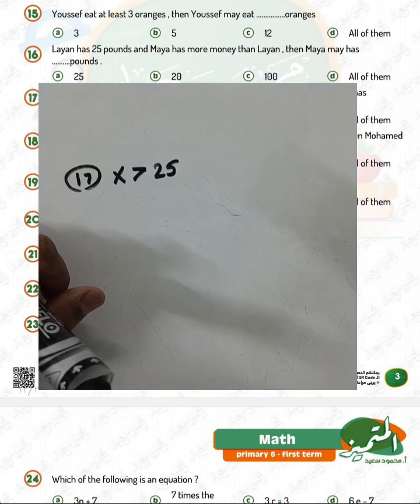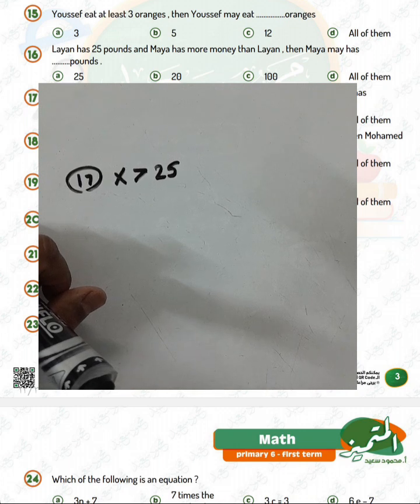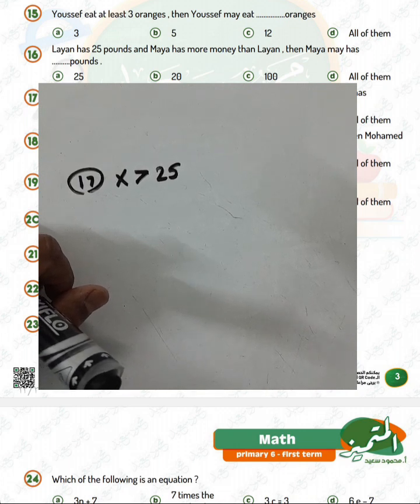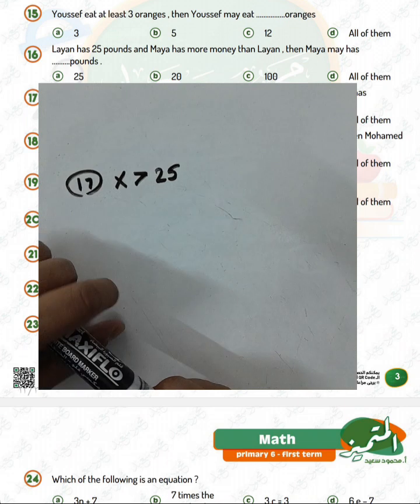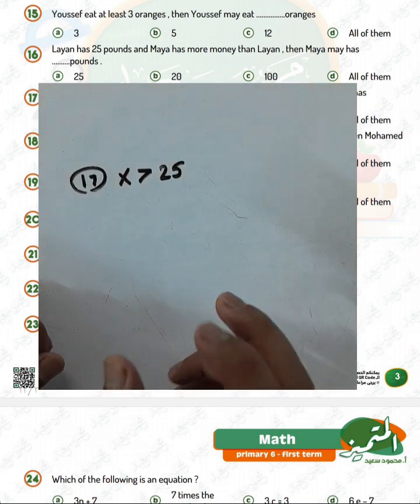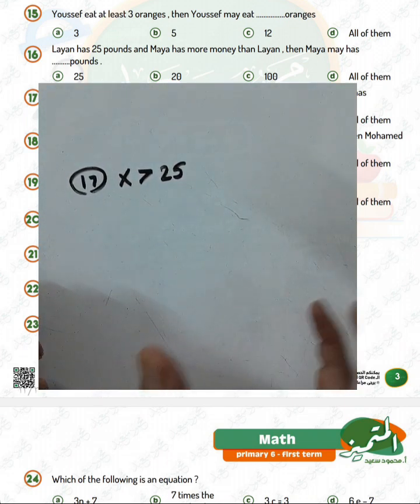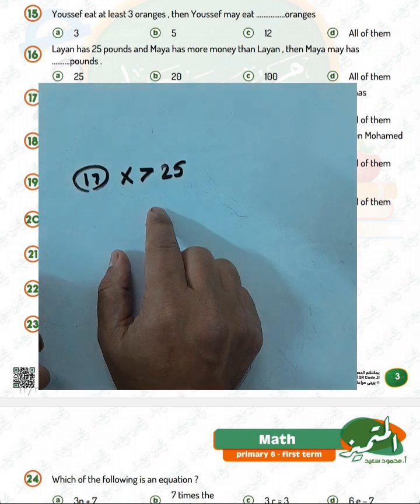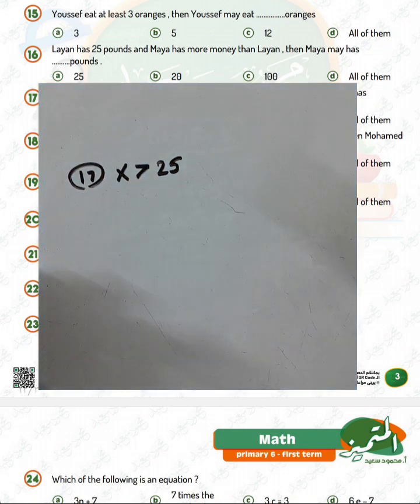Choose letter C, because they tell us Lian has 25 pounds and Maya has more money than Lian. More than Lian means greater than. More than 25, what will it be? 25? No. 20? No. 100.